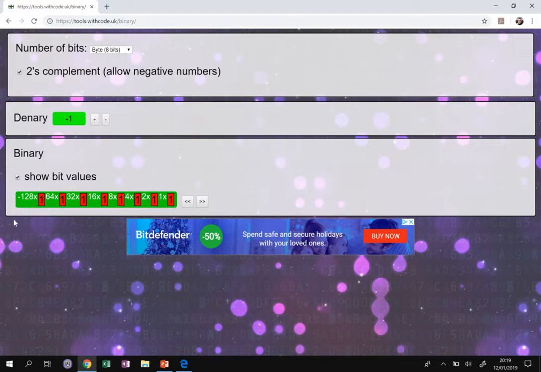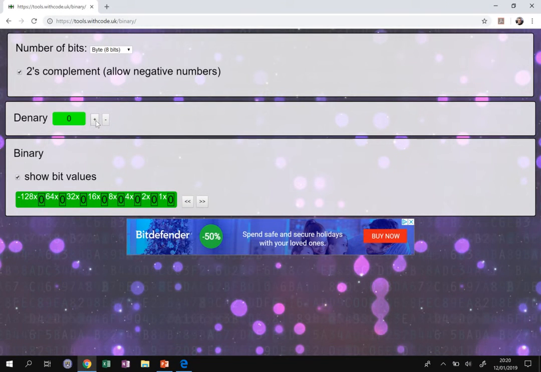But the most significant bit on the left, instead of being worth 128, as it would be in positive binary, is now worth -128. So if all the bits are 1, you would do -128, add 64, add 32, and so on, which gives you -1.